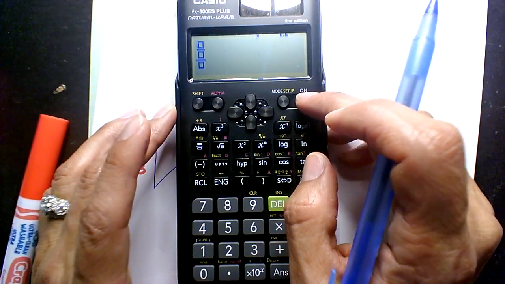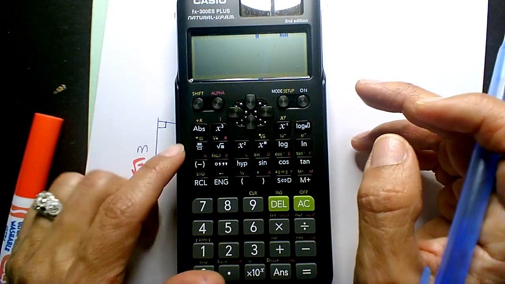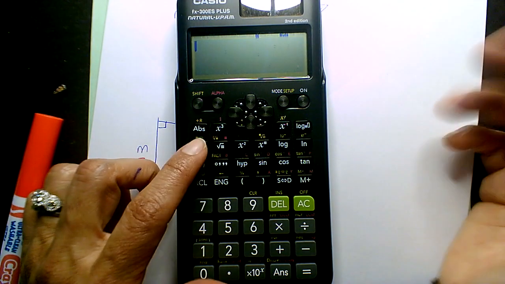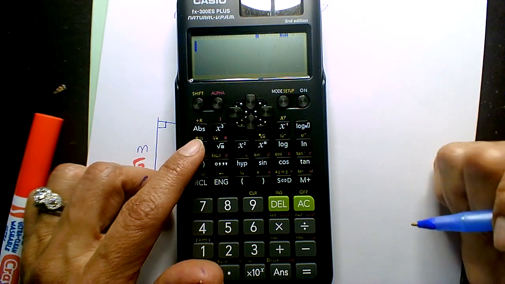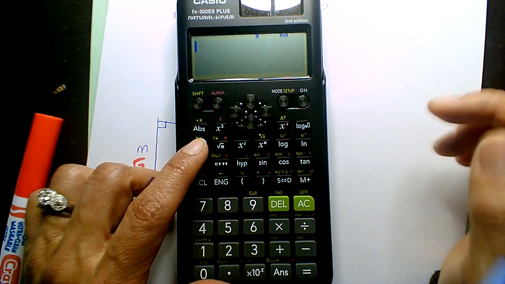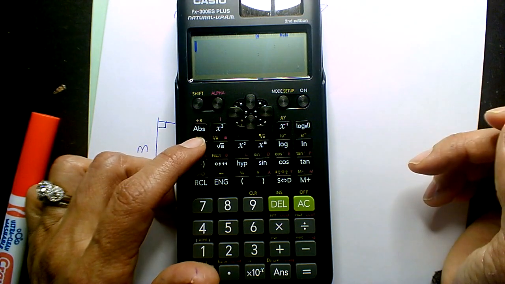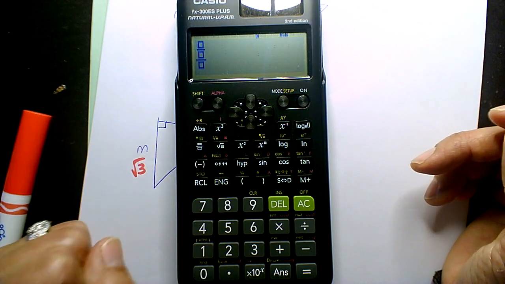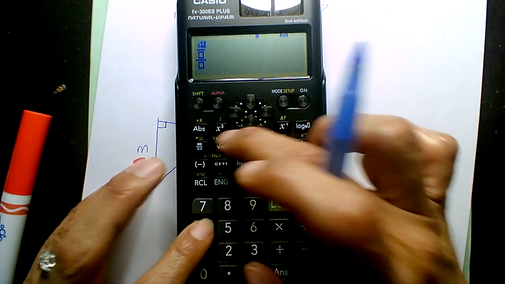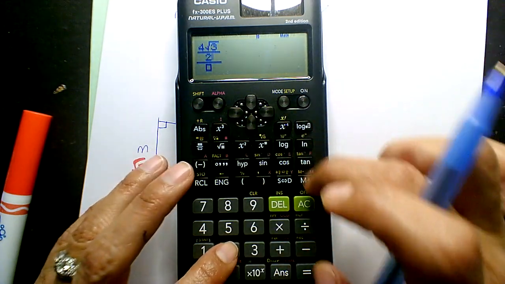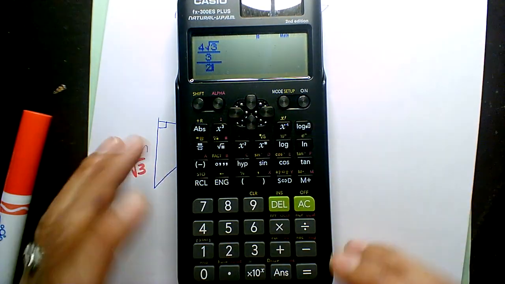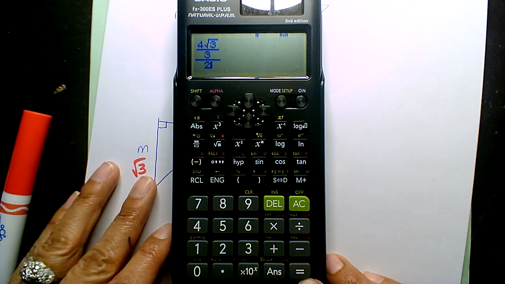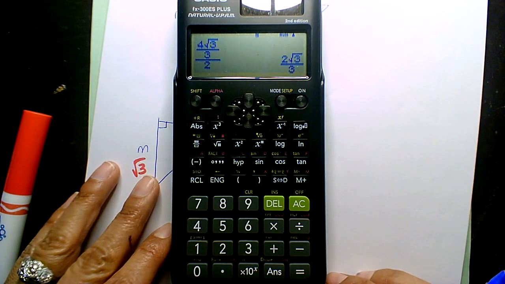If the denominator is a fraction, then you first type in the number, then you hit fraction, and so it's kind of different. But if the numerator is a fraction, you hit 1, 2, and you hit it twice. And so then it's 4 rad 3, 3, 2, and so there it is, and you're going to get 2 rad 3 over 3.